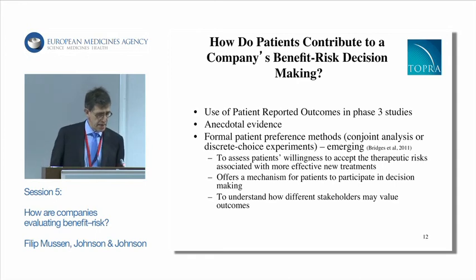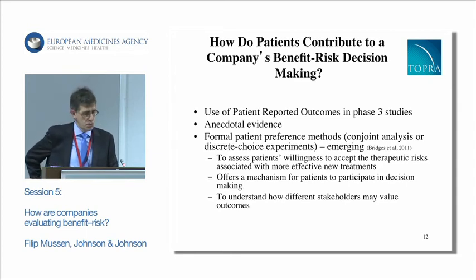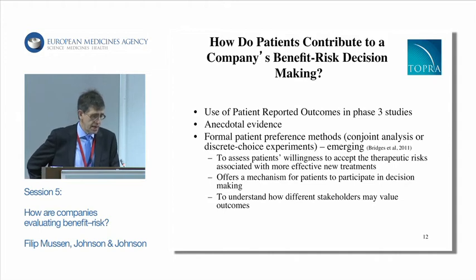So the next topic that I would like to talk about is how patients contribute to a company's benefit-risk decision-making. First of all, I should say that it is good that finally there is a trend to involve more patients' views and visions in benefit-risk decision-making. There is, of course, already the use of patient-reported outcomes in phase 3 studies.